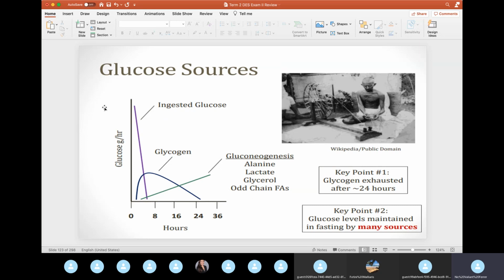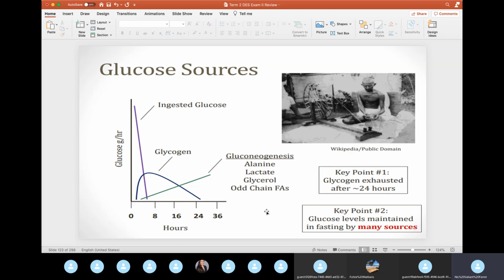So first, what happens? Your glucose sources. So you eat, right? After a couple of hours, your ingested glucose is gone. Within the first 24 hours, your energy source comes from glycogen, right? Glycogen only gives you energy within 24 hours after you last eat a meal.